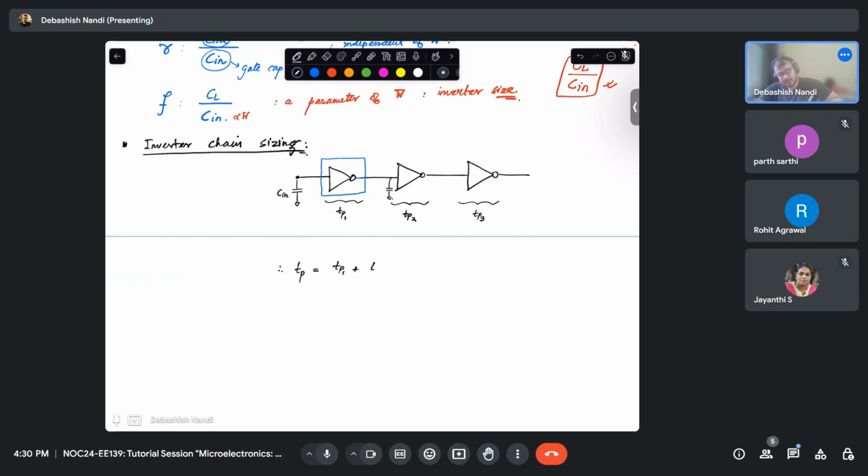How can we do that? Sir, we will add the individual delay of every stage. Why do you do that? Sir, because internally every time it is changing.